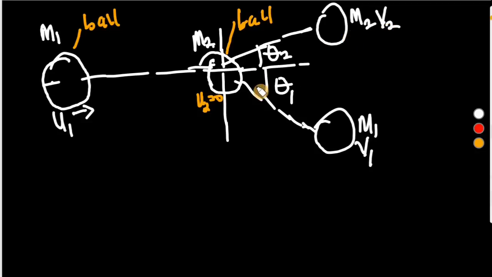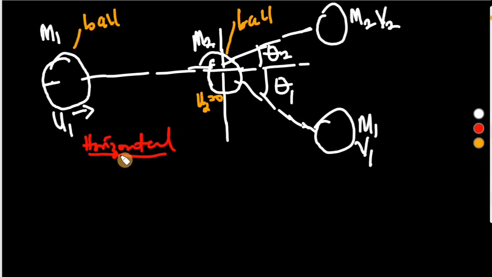So we want to treat the conservation of linear momentum here, but in this case it involves two dimensions. So we are going to resolve this vertically and horizontally. Let us consider the horizontal part of the motion.